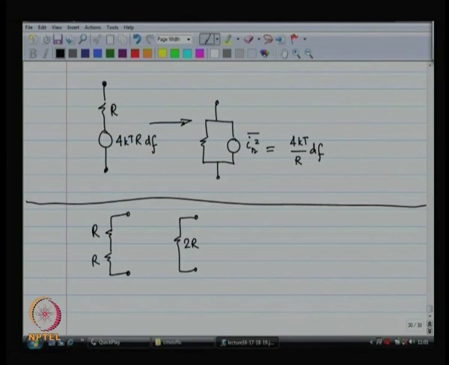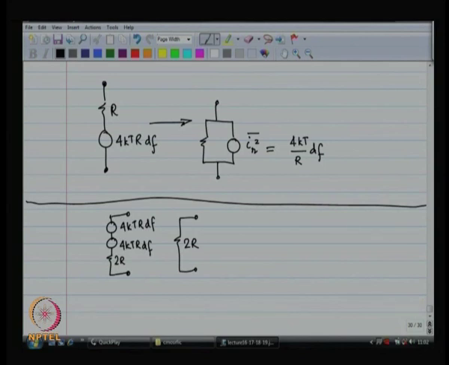Now, two resistors R in series, when they are noisy, are going to be modeled as two noise voltages in series with 2R.